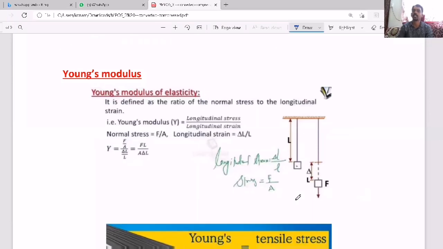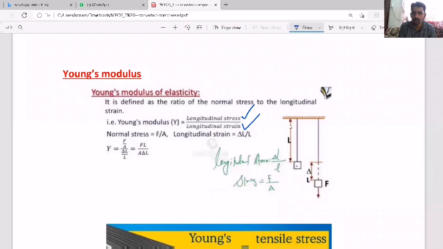Now, first consider Young's modulus. As I said, what should change? Length should change. So length is changing means what stress will come? Longitudinal stress. What is the corresponding strain? Longitudinal strain. So Young's modulus is defined as stress by strain, but here specifically length is changing. That's why it is called the ratio of longitudinal stress to longitudinal strain.